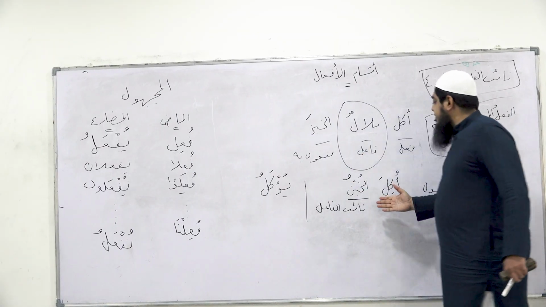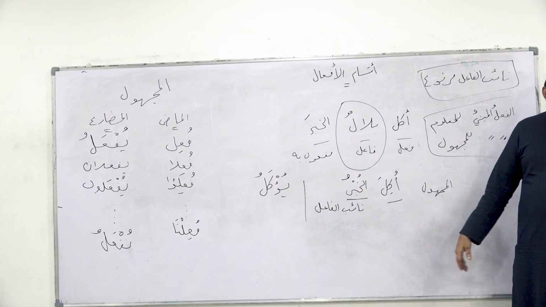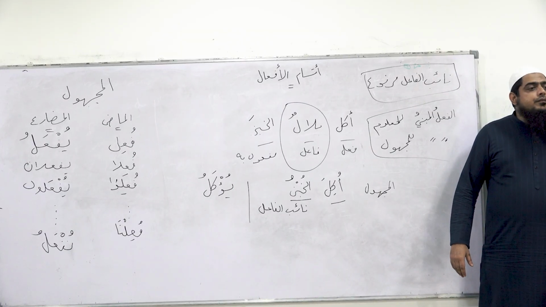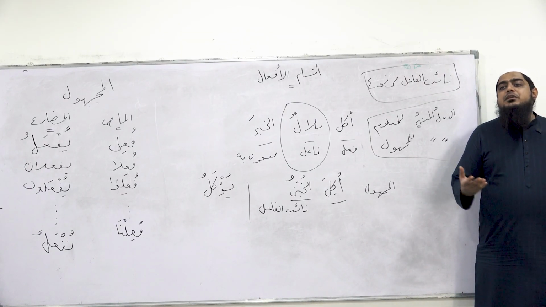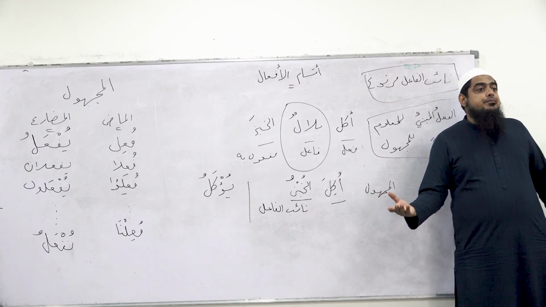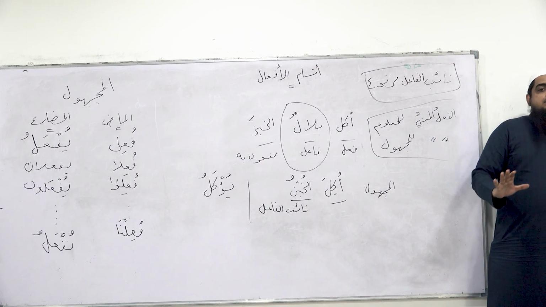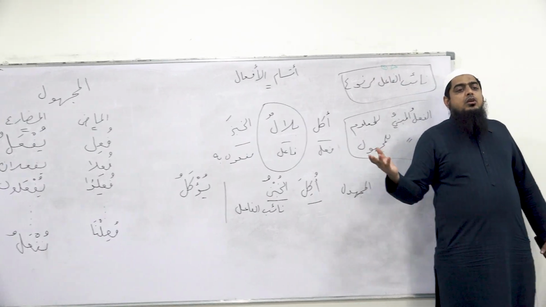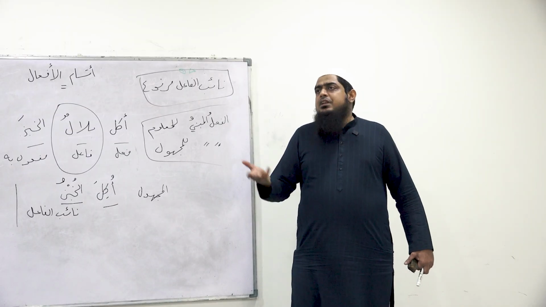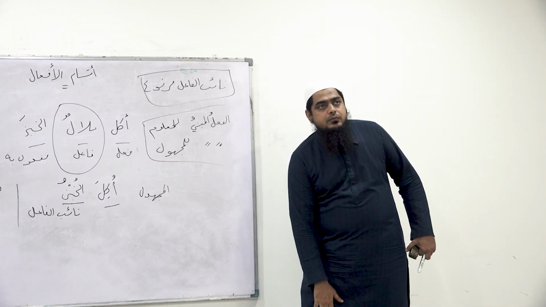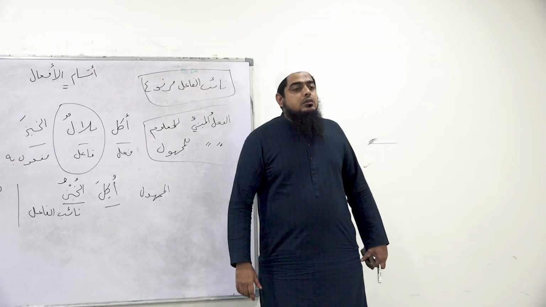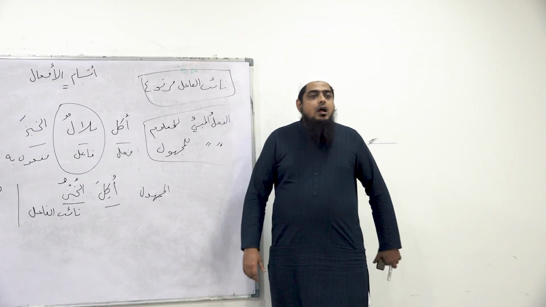So, what will be the meaning of this sentence? Ukil al-khubzu. What's the meaning? The bread has been eaten. You don't want to say who has taken it, who has eaten it. It's been eaten, that's it. Like you see in the Qur'an, in too many cases. قُتِلَ أَصْحَابُ الْأُخْدُودِ.